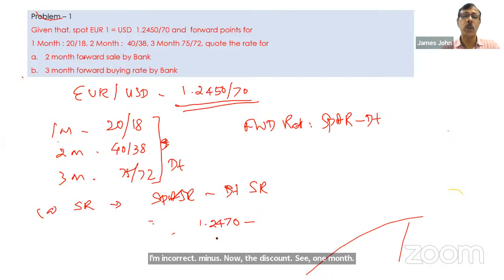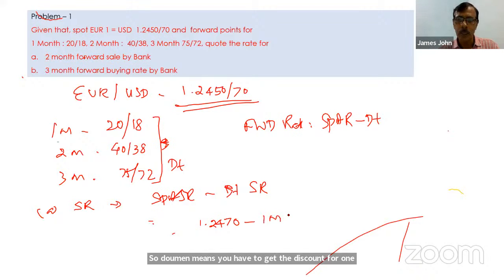Again, here you have to look, there is a guideline. When a currency is at a discount and you want a selling rate, you have to allow the discount up to the previous month. So for 2 month, you have to take the discount for 1 month.